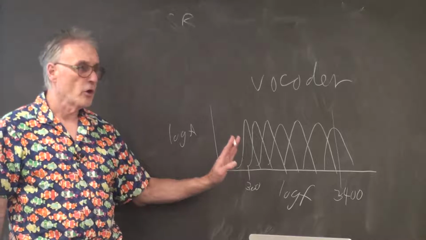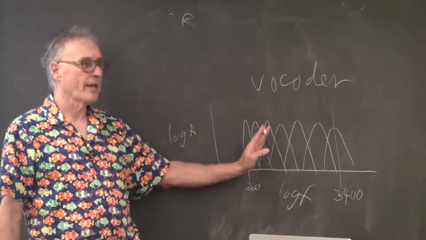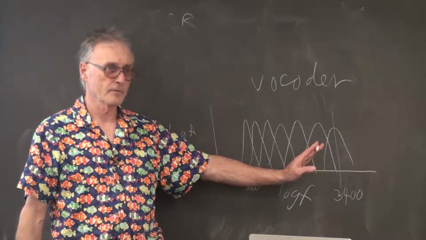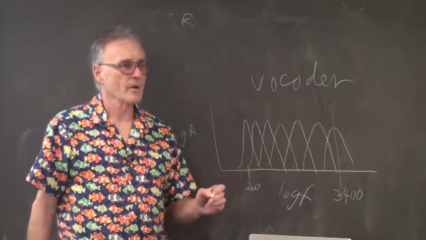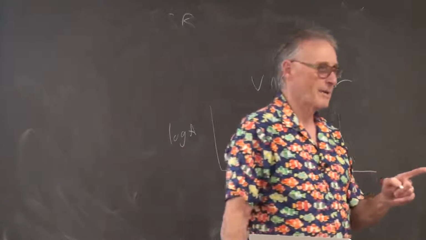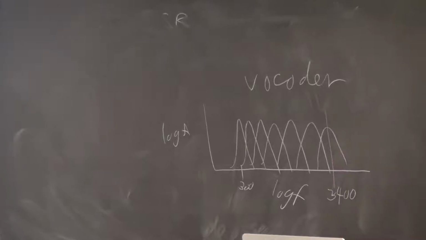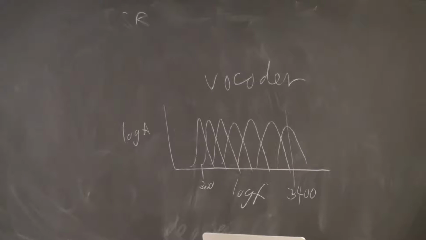And what you want to do is record the energy in each bandpass filter at a rate which captures voice dynamics but doesn't require resolution at the highest sine wave frequency.